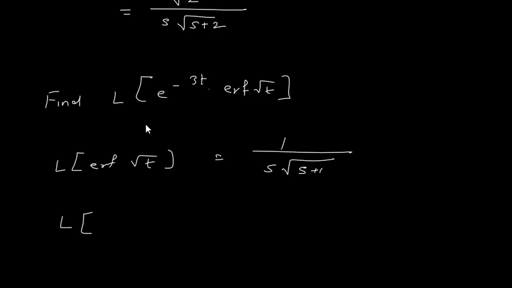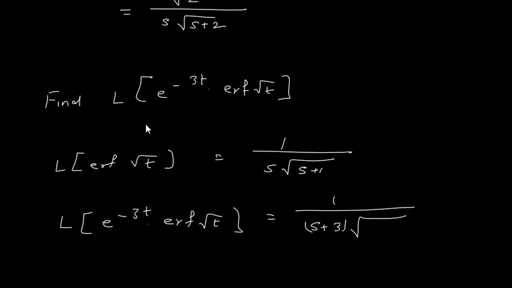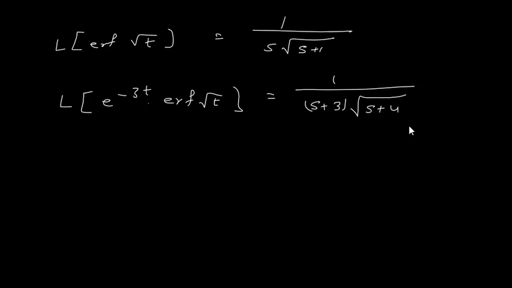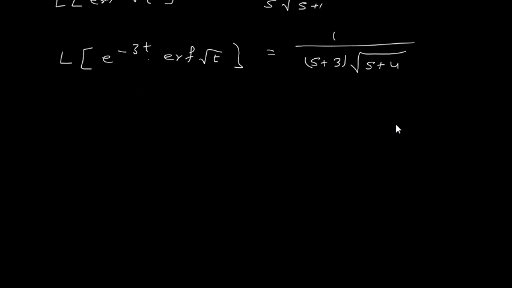Then I will use the first shifting theorem. So e power minus 3t into error function of root t is equal to 1 upon s, replaced by s plus 3, into root of s plus 3, so it will become s plus 4. Right? Okay.